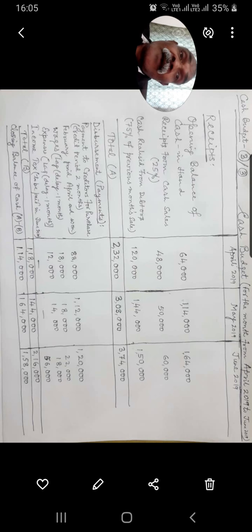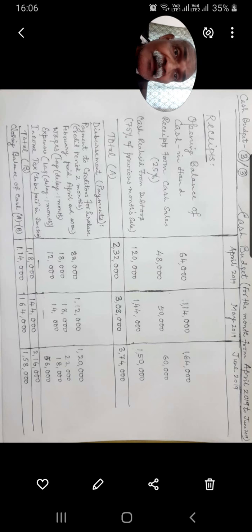And the credit period allowed by the suppliers here is 2 months. It means you are paying the creditors from whom you purchased goods in the month of February. Because you purchased in the month of February, the creditors are providing you 2 months credit facility. So 1 month is March, the other month is April.